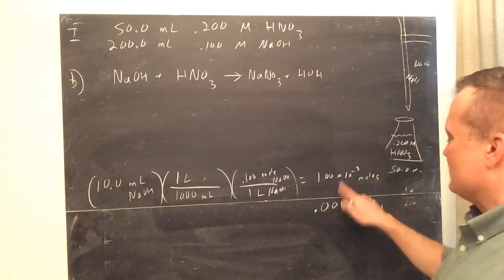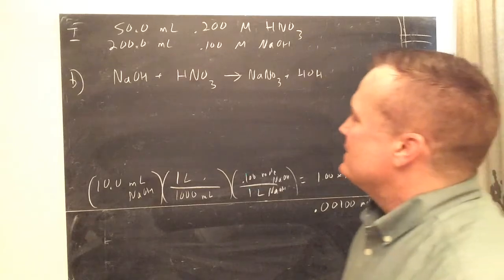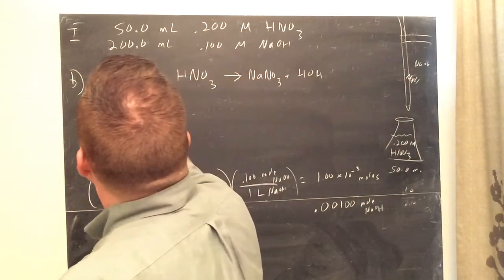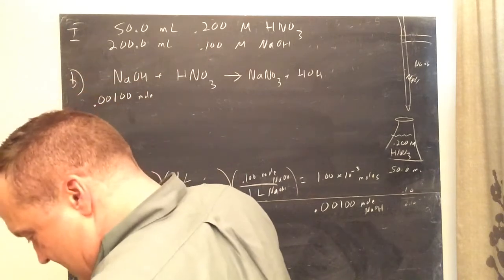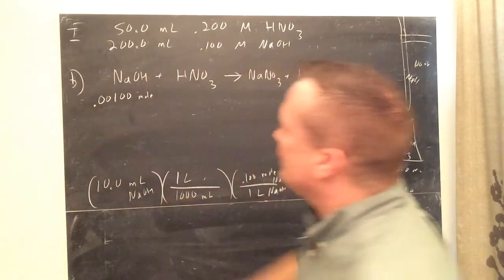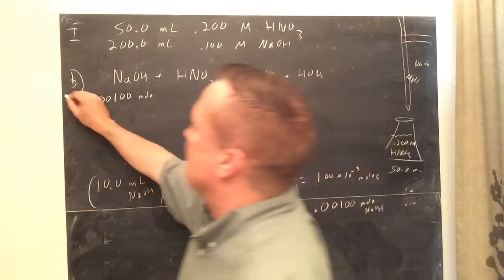Yeah, either one's okay. It might be a little better that way. Okay, so I'm going to add 0.00100 moles of NaOH. Now, how much HNO3 do I have to start off before?